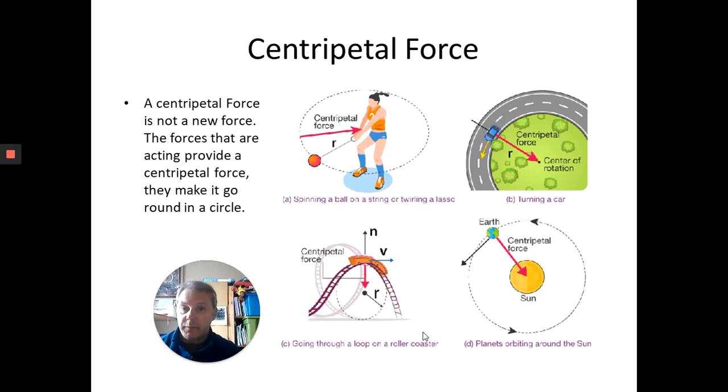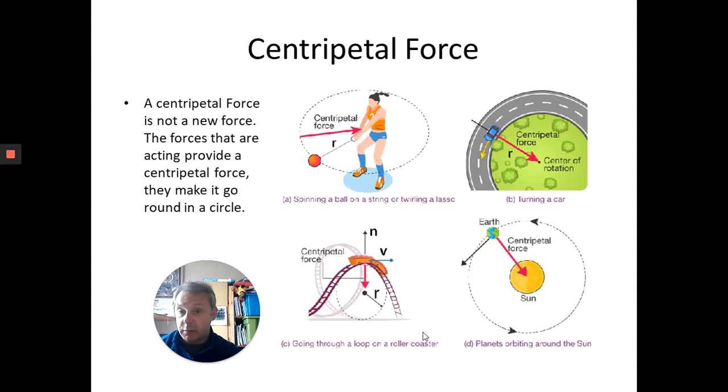For instance, with hammer throwing, it's the tension in the rope attached to the hammer. For a car, it'll be friction acting towards the centre of the circle. For a planet, it would be gravity. And in the situation of the roller coaster, it would be its weight minus the reaction force.